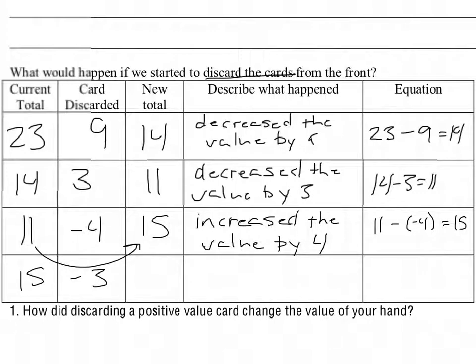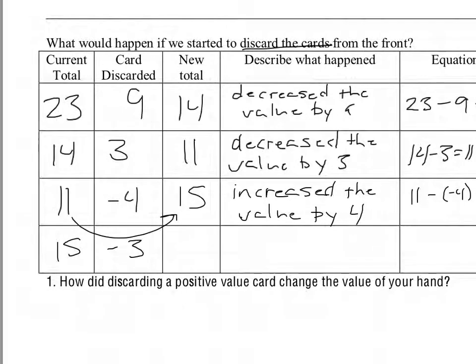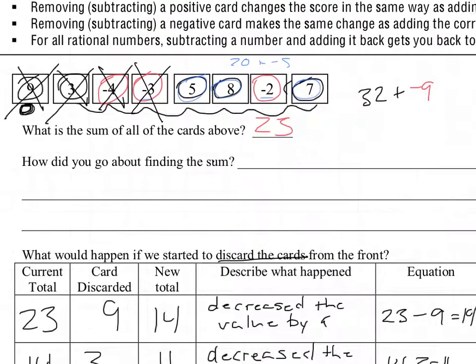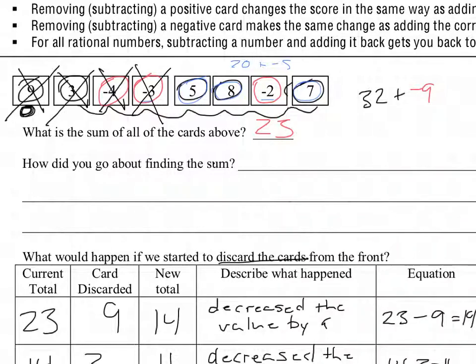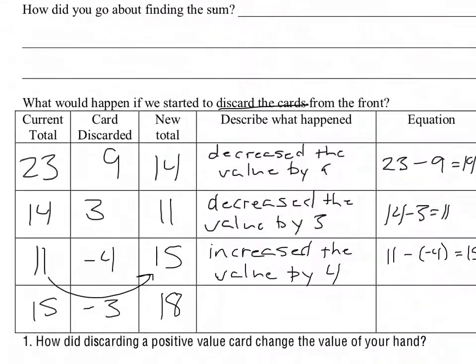So when we go ahead and find this value, what you should find is that we end up with 18. Because after we get rid of that, we just have the 5 plus the 8 plus the 7. That's our same total of 20. And then we only have a -2 taken away from it, which gives us 18.